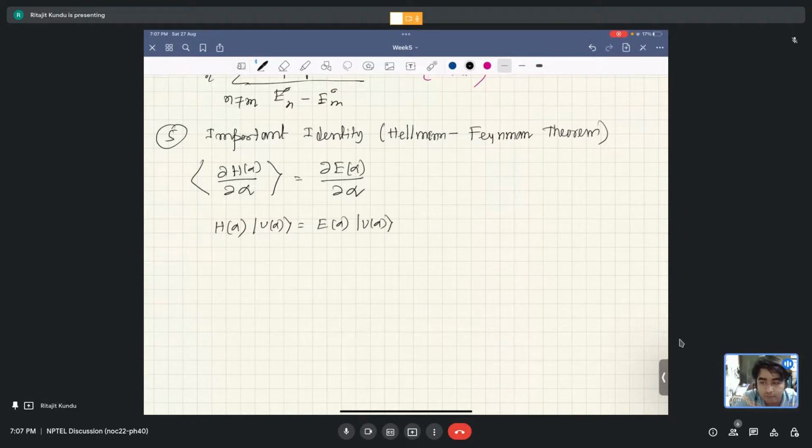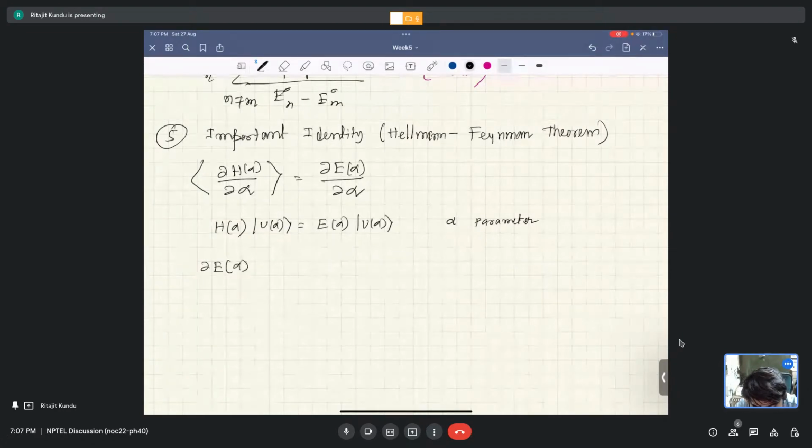Because the Hamiltonian depends on that parameter alpha, all of the eigenvalues and all of the eigenfunctions actually depend on alpha as well. Okay. So these U alphas are the eigenstates of this H, and E alpha is the eigenvalue for the U alpha state. We can mention n also, but that is not necessary right now. So now I want to calculate del E del alpha.